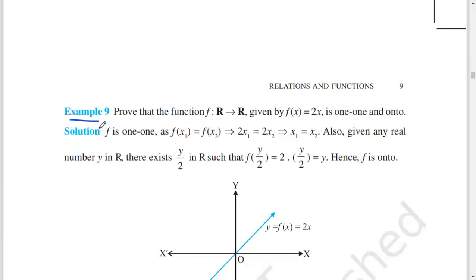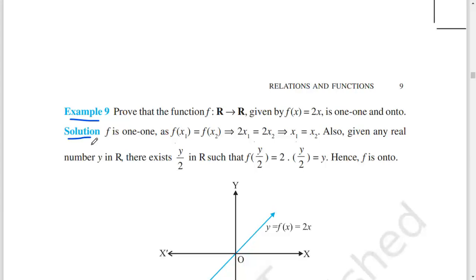Example 9. Prove that the function f from R to R given by f(x) equal to 2x is one-one and onto. Solution. f is one-one as f(x1) equal to f(x2) implies 2x1 equal to 2x2, which implies x1 equal to x2.